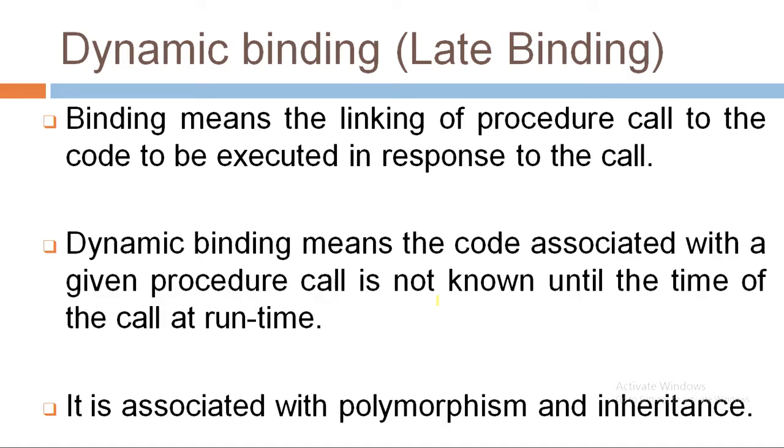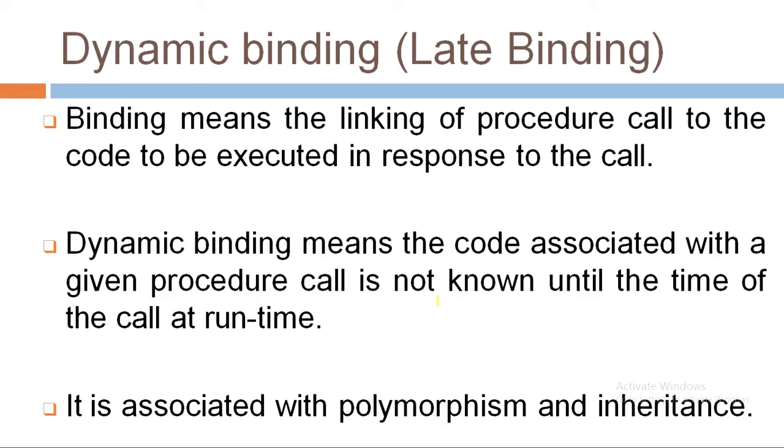The next thing is dynamic binding. We can say it is also late binding. Why is it called dynamic or late? Because linking of the procedure call to the code is done at the time of run. Whenever we are running a program, at that time the program decides which function to call based on the value passed to the function call.